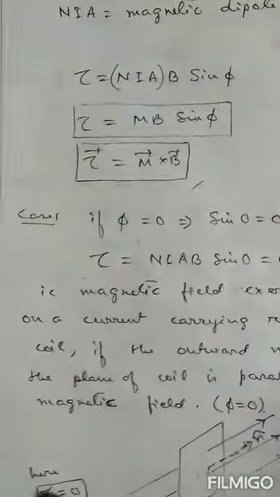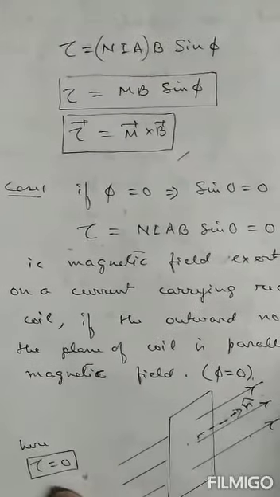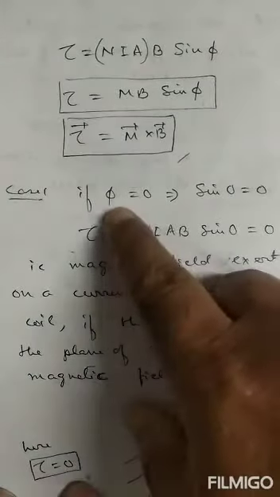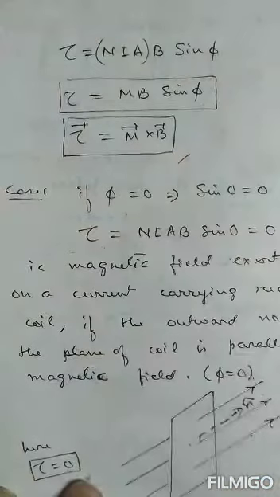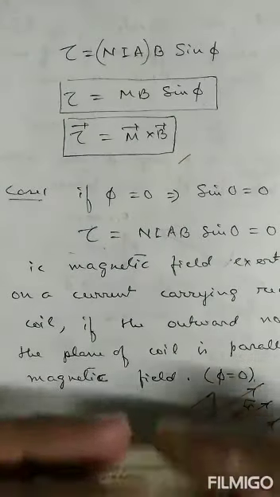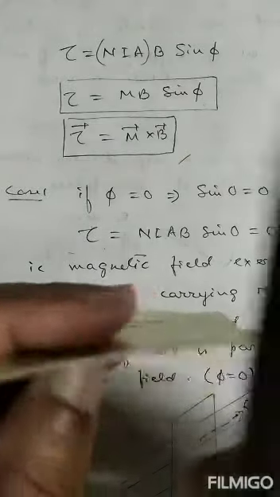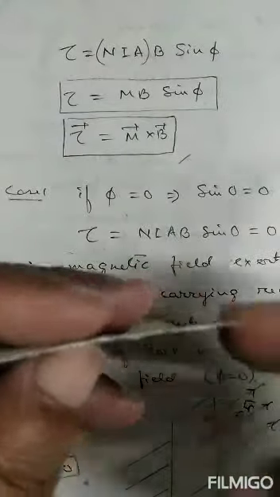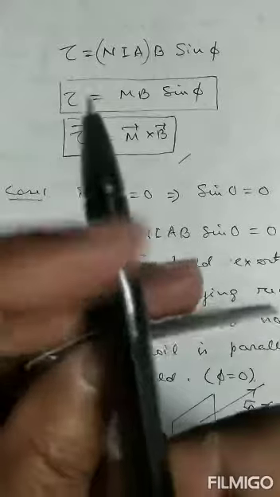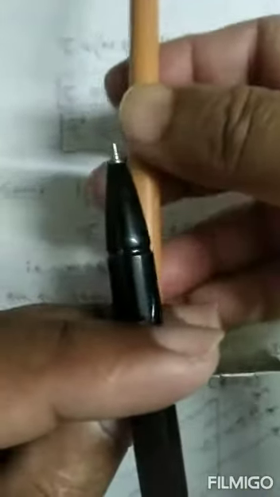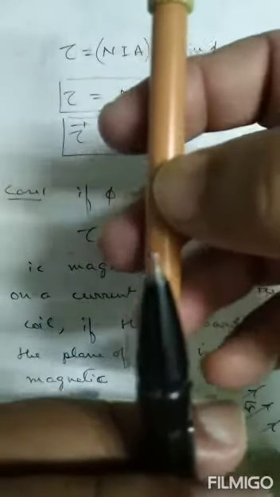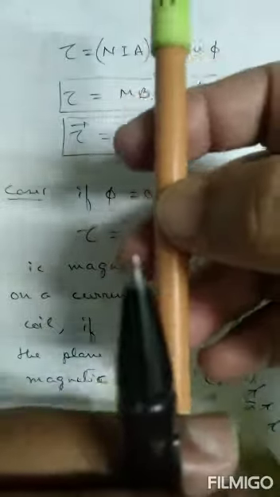Now we want to consider the special cases. If phi is 0, what happens? Phi is the angle made by outward normal with respect to magnetic field. Say this is the plane of the coil and this is the magnetic field, and this is the outward normal.